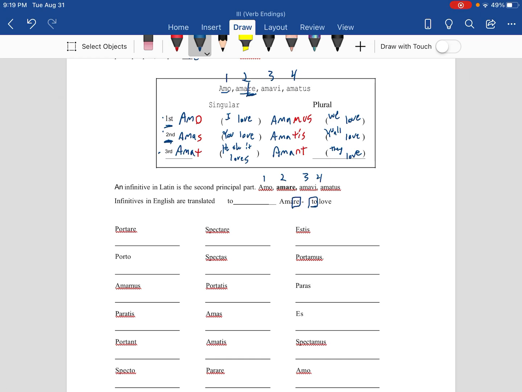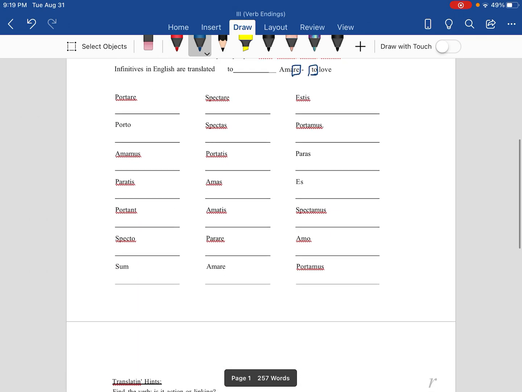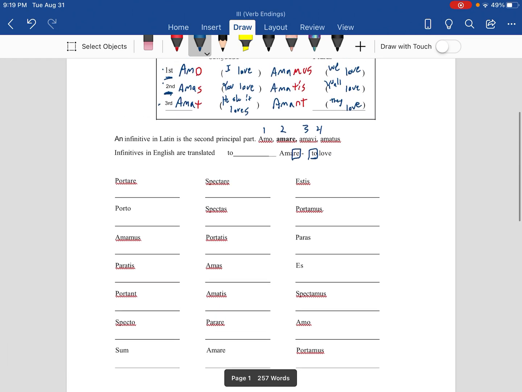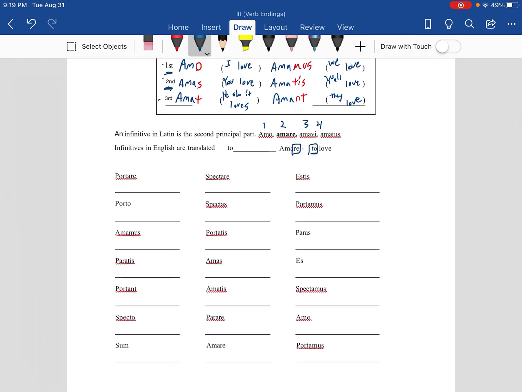So what we're going to do in this section down here is look at the endings for each of these verbs and then figure out how to translate the verb, who the person is by the ending. So we have the re there. That tells me it's infinitive. To carry. We have an o right there.